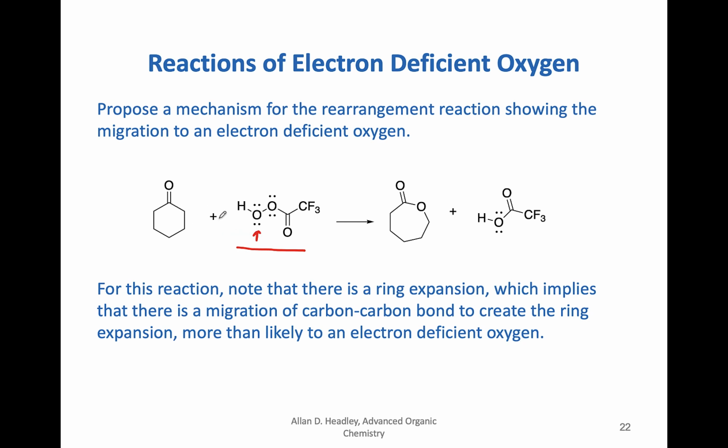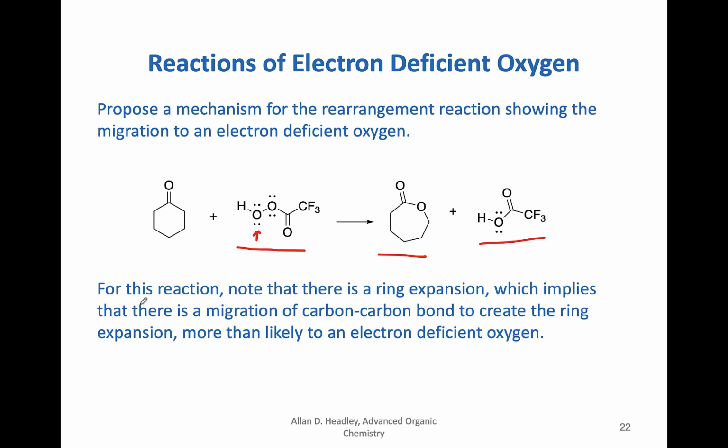Then we have a bond migration to this oxygen here, creating the ester here, and of course the leaving group. So here now you can see this is a cyclic ester, where there's a bond migration and a ring expansion. And you may recall that a cyclic ester here is unique, so it's as shown here.